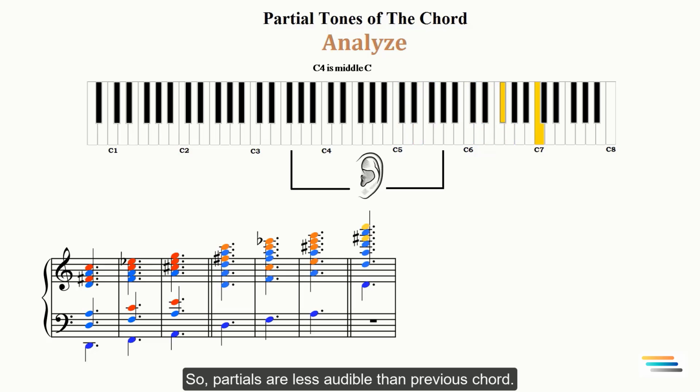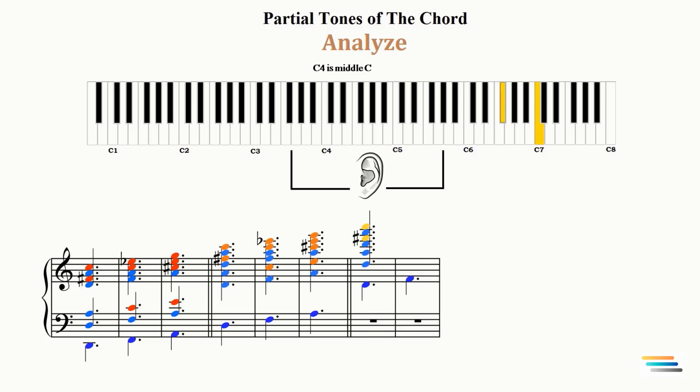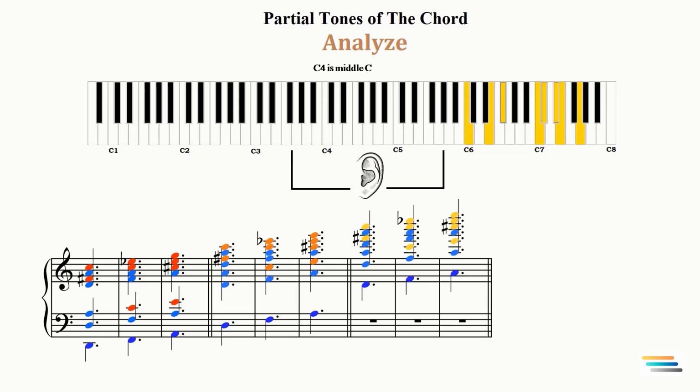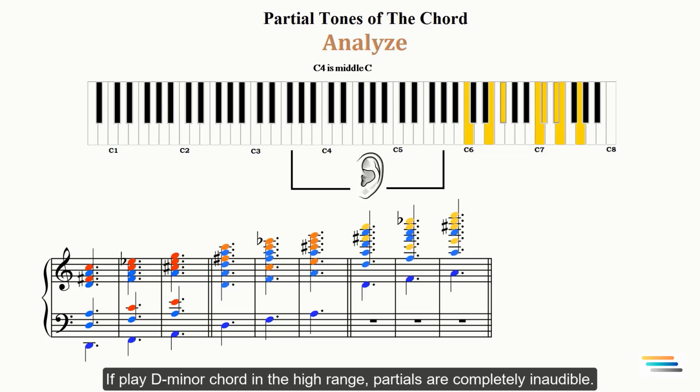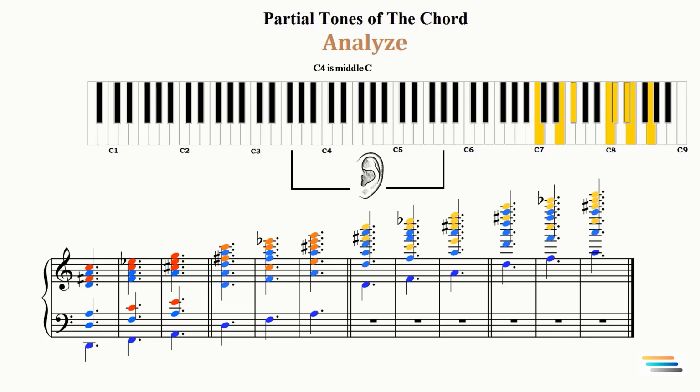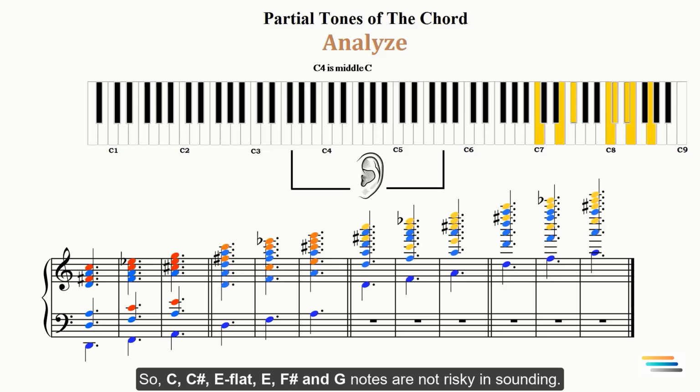Partials are less audible than in the previous chord, because they come out far away from the hearing area. If we play a D minor chord in the high range, partials are completely inaudible. So C, C sharp, E flat, E, F sharp and G notes are not risky in sounding.